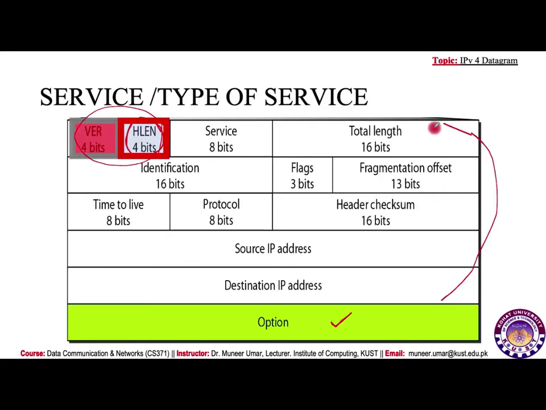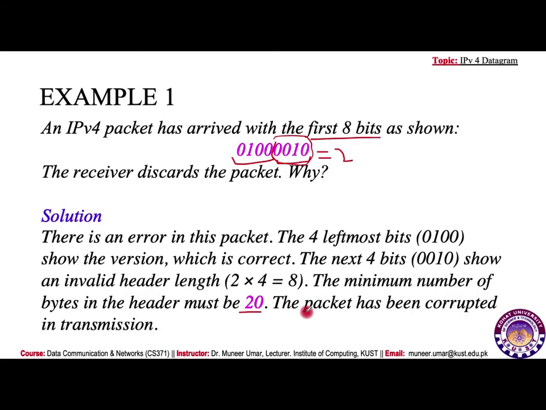These 20 bytes from here to here are the base bytes. Then we have options. So here we have 20 bytes without options.